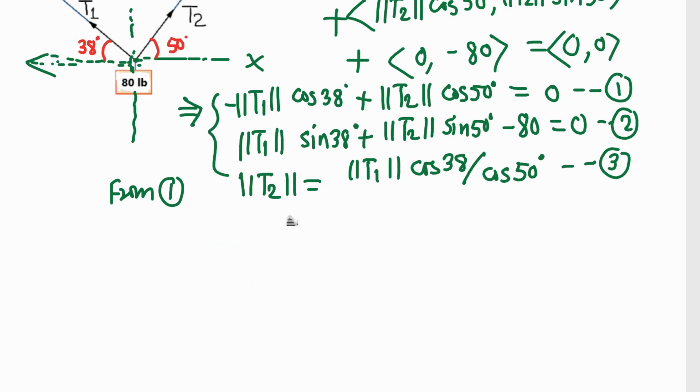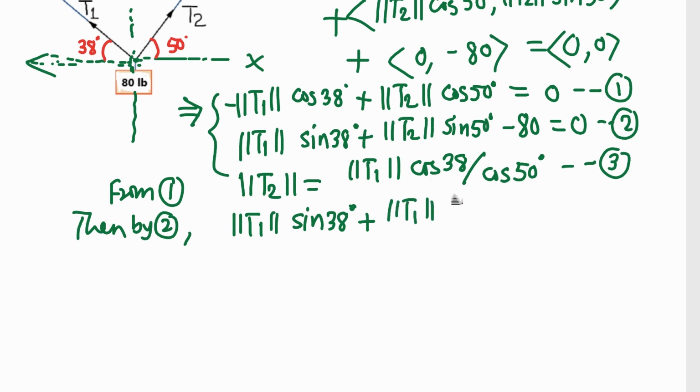In equation 2, we have T1 sine 38 plus T2, which is found here, T1 cosine 38 divided by cosine 50, and we still have sine 50. Sine 50 minus 80 equals 0, and we can move 80 over, add 80 to both sides.